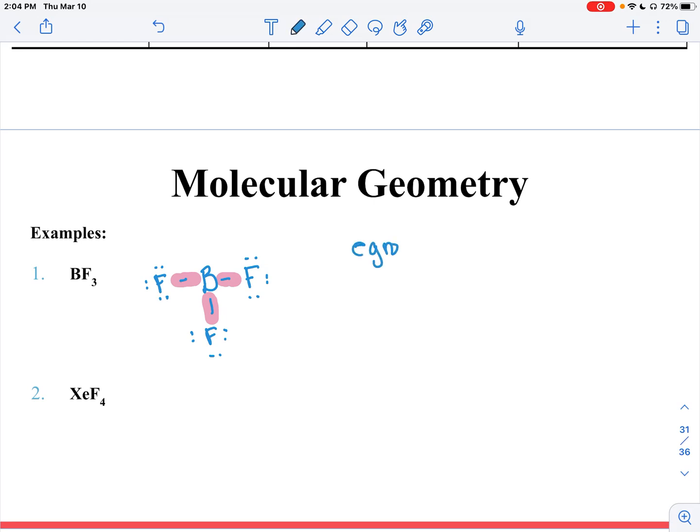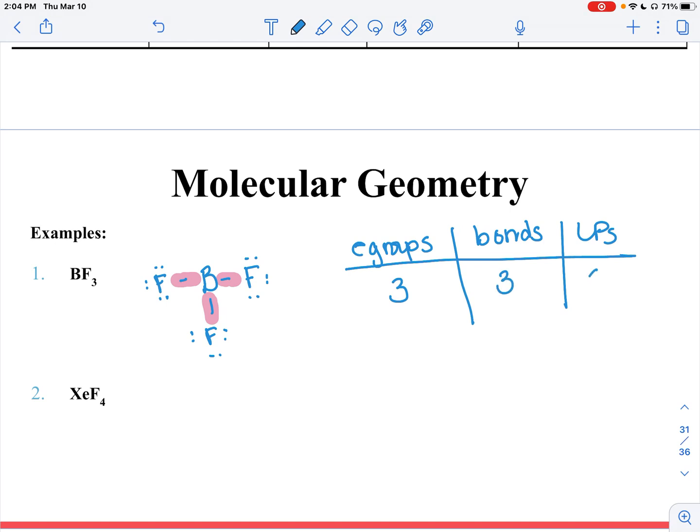So I'm going to put E groups, which is the same as an electron domain, and then I'm going to separate those into bonds and lone pairs. The E groups here around boron are 3. All 3 of those are bonds, and so 0 of them are lone pairs. 3, 3, 0. When you're doing this, these 2 columns should always add up to this column.